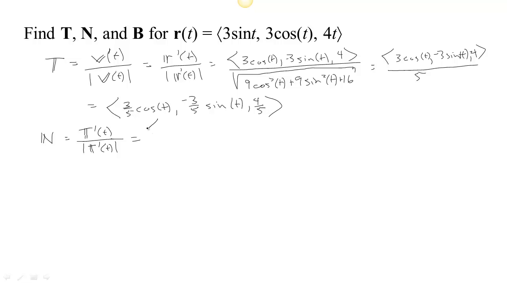Okay, so we'll take the derivative of this vector. The derivative of 3/5 cosine t would be negative 3/5 sine t, and then the derivative of sine t is cosine t, so we get negative 3/5 cosine t, and then we get 0, and we need to divide by the length of that.